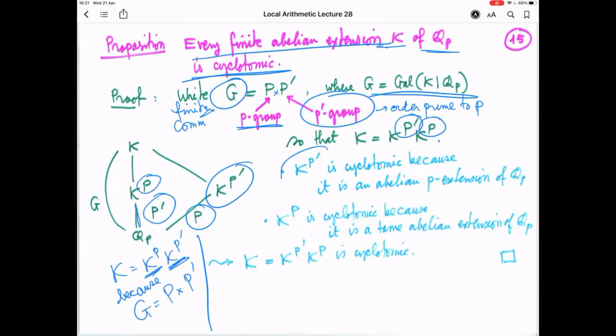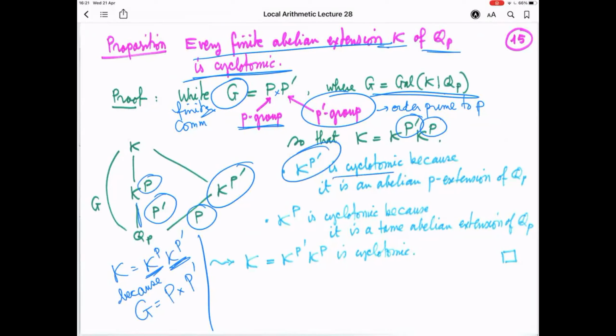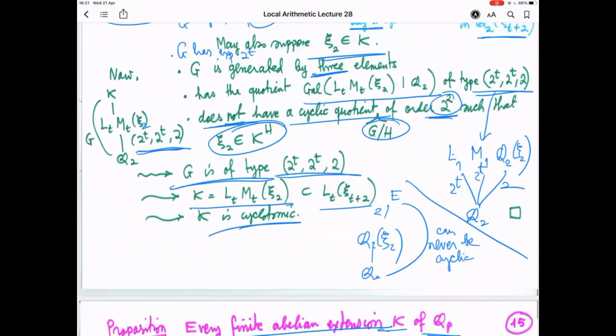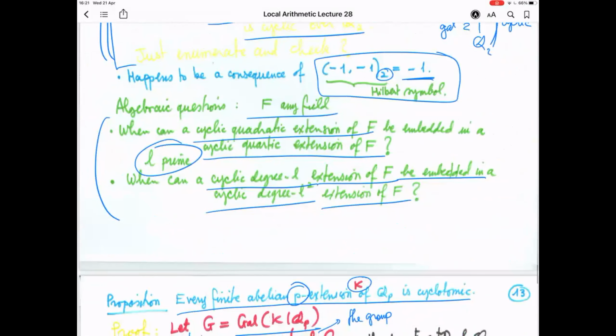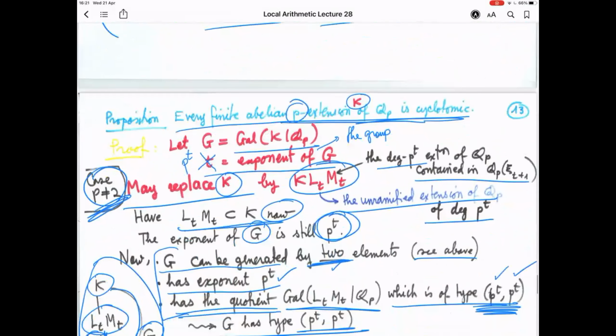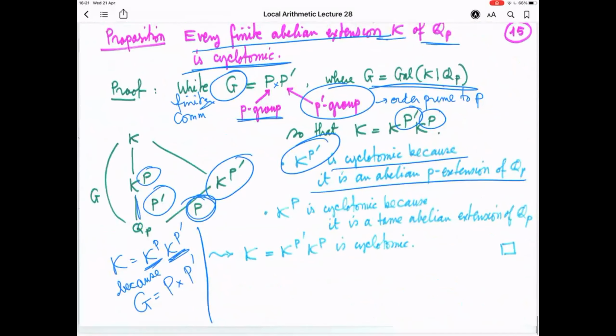Now K to the fixed field under P prime is cyclotomic because it's an abelian P extension, and for P extensions we have already proved that they are cyclotomic. What about the other thing? It's the fixed field of this group P. Why is it cyclotomic?